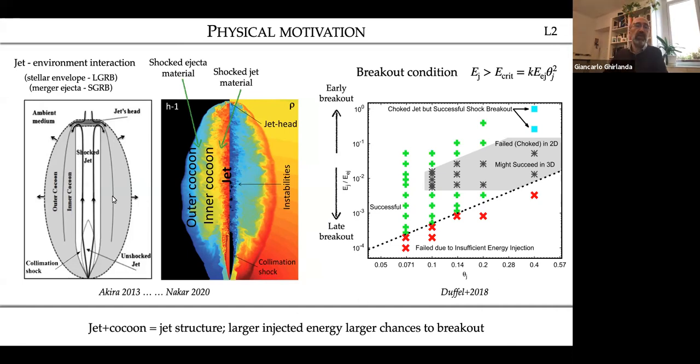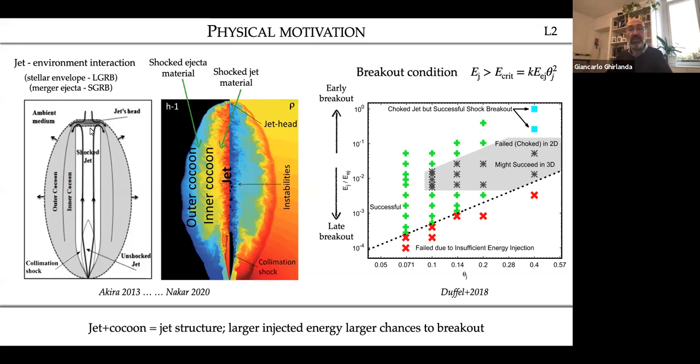in general, if you imagine that the jet is propagating within this material, the jet develops a head, which is a region in which, due to the fast velocity of the jet with respect to the sound speed of the material, there is the development of a shock, basically a two-shock structure, a forward shock and a reverse shock. The forward shock is shocking the material ahead of the jet, so the material of the ejecta of the neutron star, for instance.